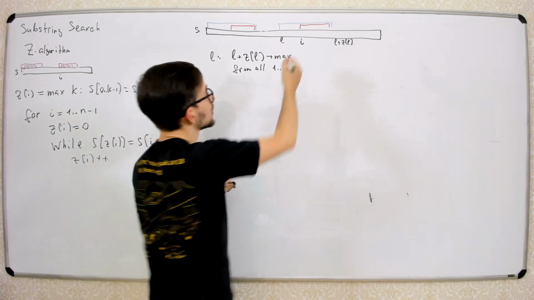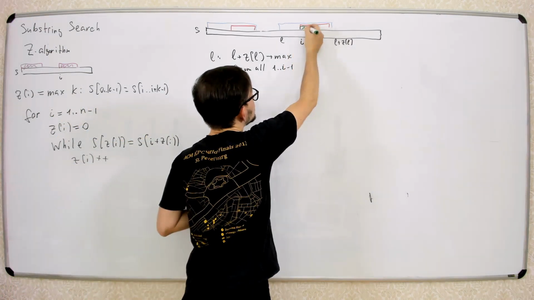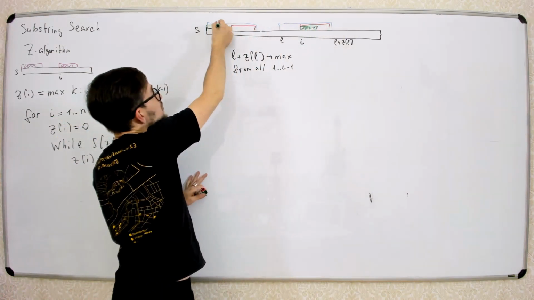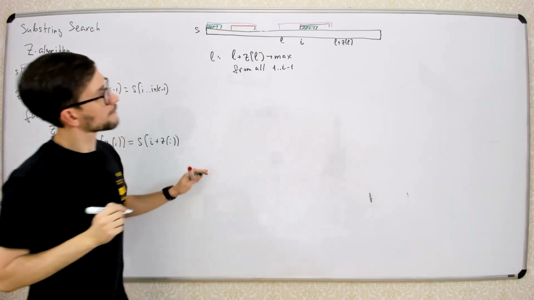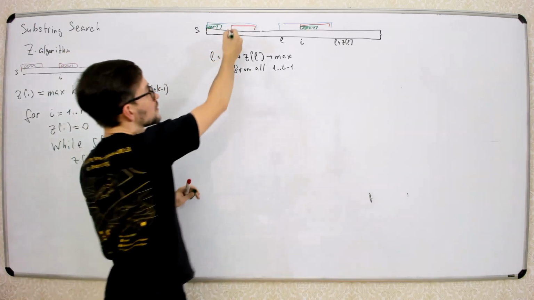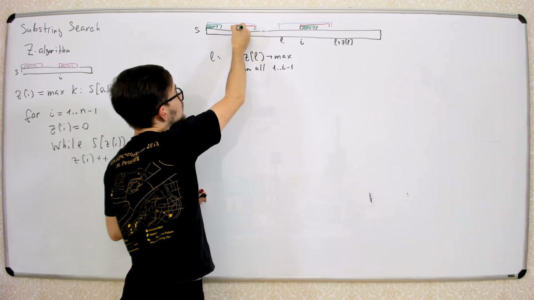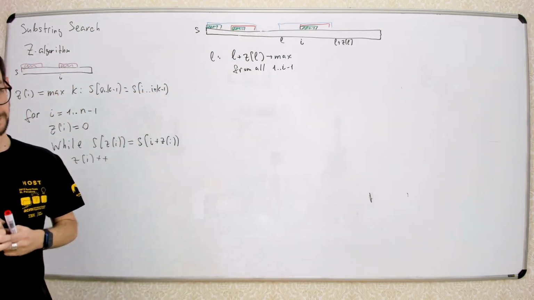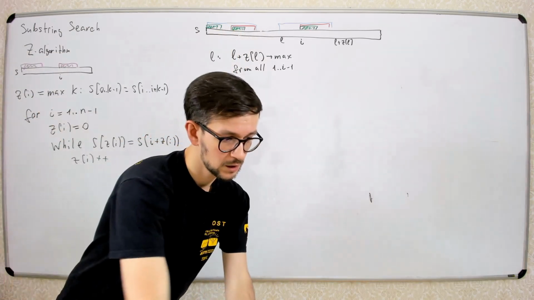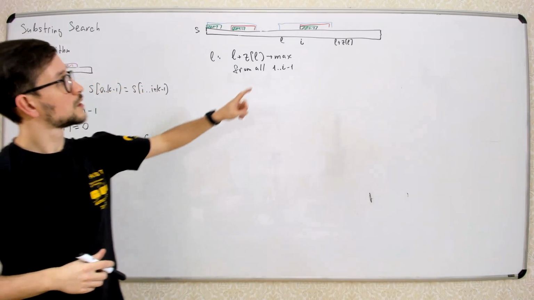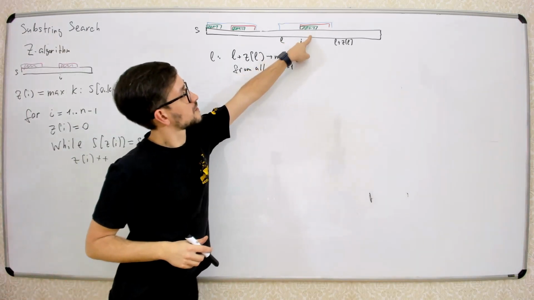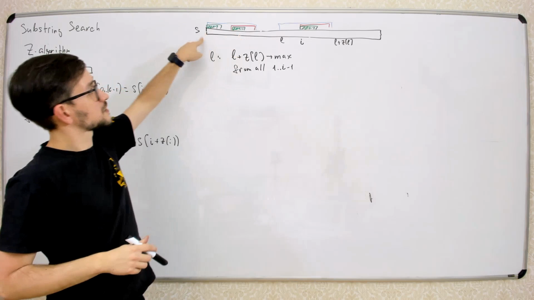But if I have these characters equal to this prefix, then I also have these characters equal to prefix. So again, these characters are same as these characters, and these characters are same as these characters.